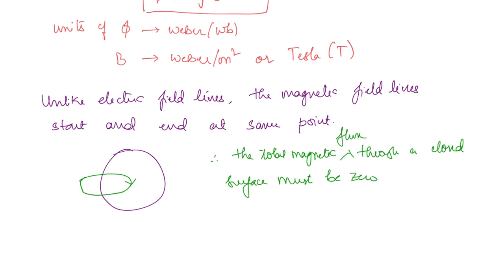From here you can write the mathematical form. This circle implies a closed surface. The surface integral of B bar dot ds bar should be equal to 0. Remember, this is a closed surface integral, not all surface integrals, because some surface integrals may not be around a closed surface. So this is one important equation.